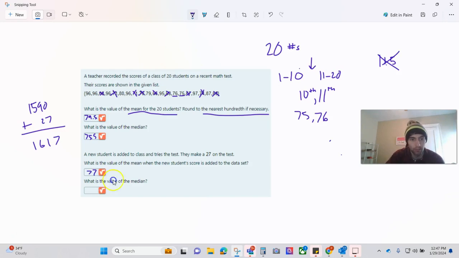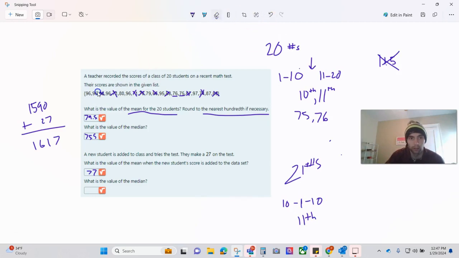What is the value of the median? Now there's a new lowest number. Now there are 21 numbers. When there's 21 numbers, I would have to find the middle. There will be 10 on one side, 10 on the other side, 1 in the middle. So my middle will be the 11th number.